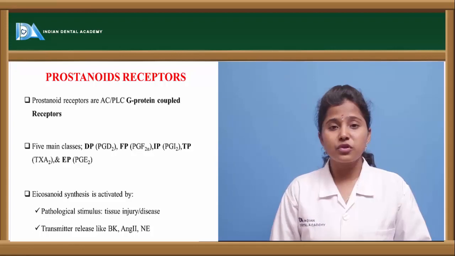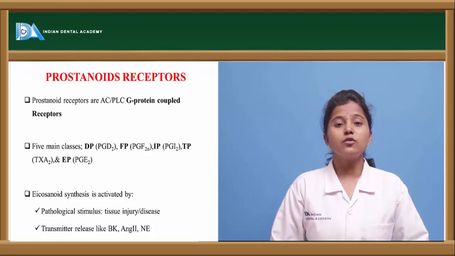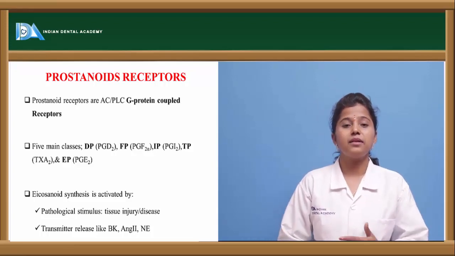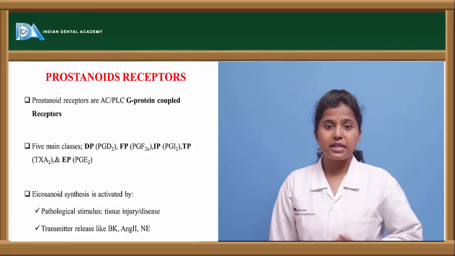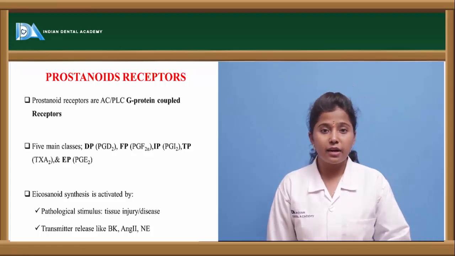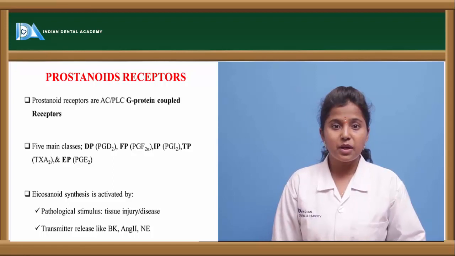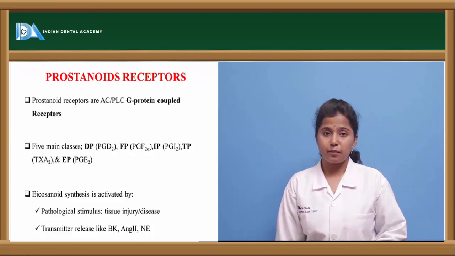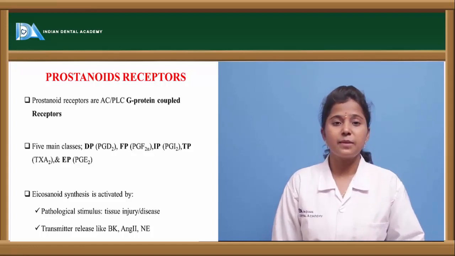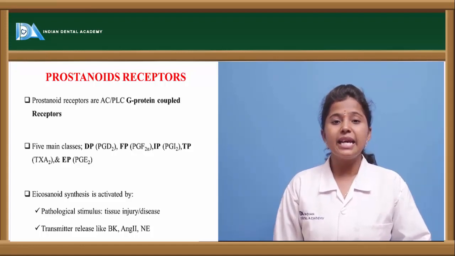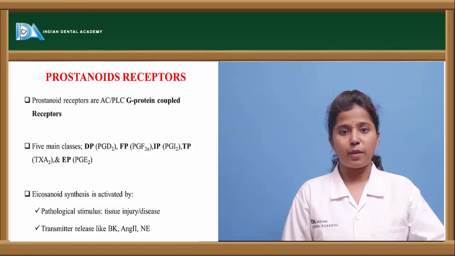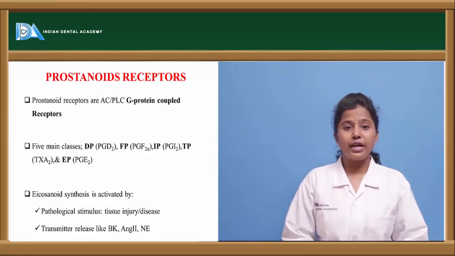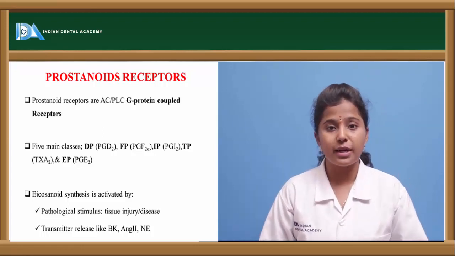And all these prostaglandins or prostanoids bind to such receptors which are GPCR, that is, G protein coupled receptors. There are mainly 4 types of receptors: nuclear receptors, ion channel receptors, kinase type of receptors, and G protein type of receptors. So G protein type of receptors mainly exert their action by 2 types of pathways, that is the cyclic AMP pathway and the inositol triphosphate pathway.